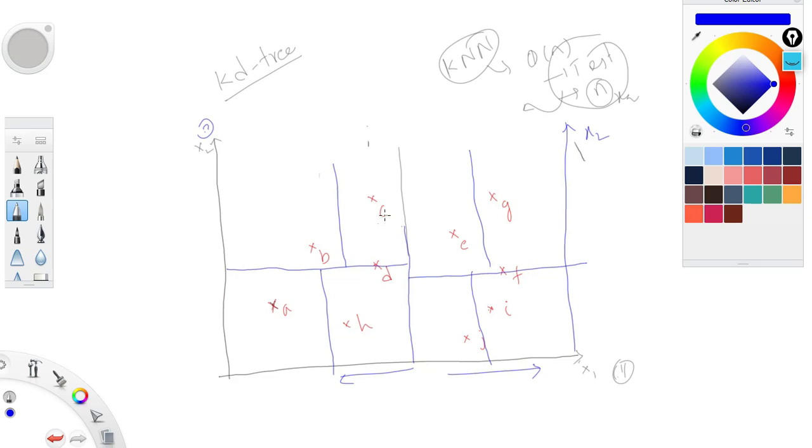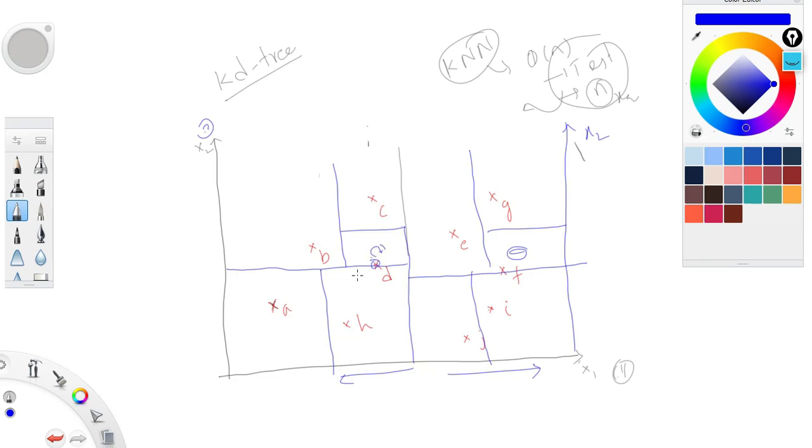Now we can observe that each region has only 1 point. These points also come into one region. I'm not good at drawing. It will go to this region, maybe like this. This is the region, and this point belongs to this region.